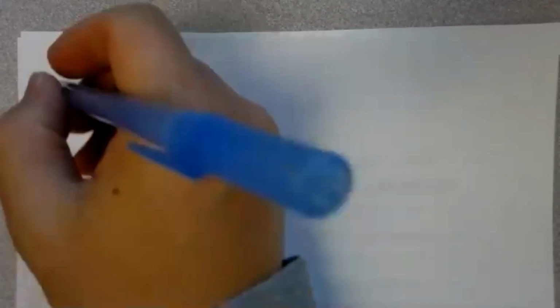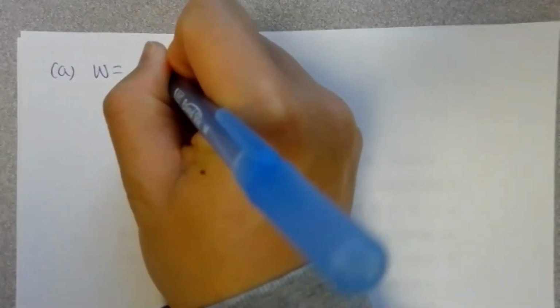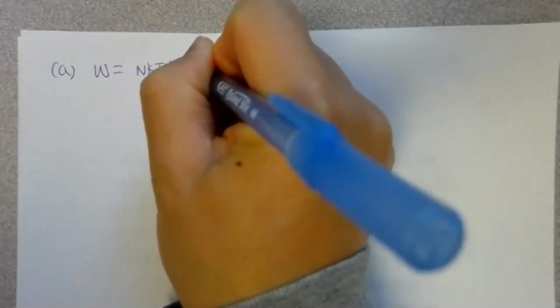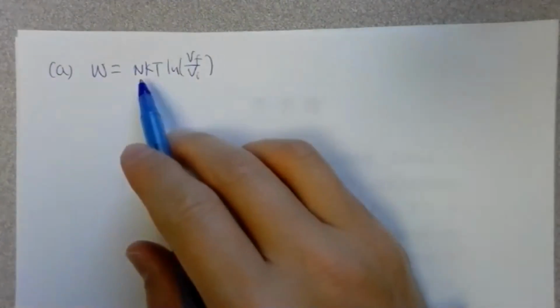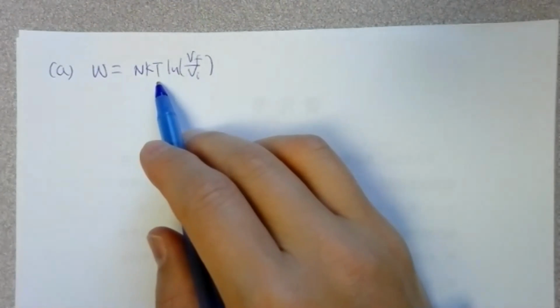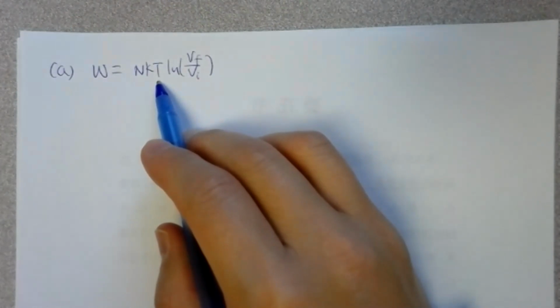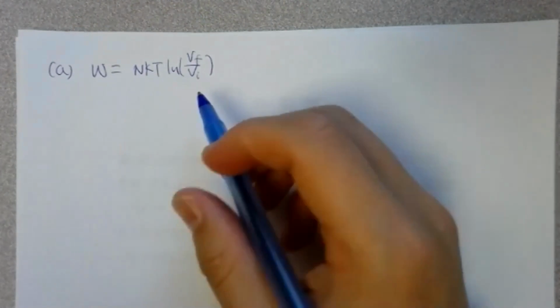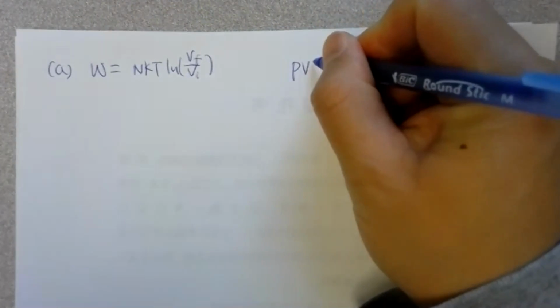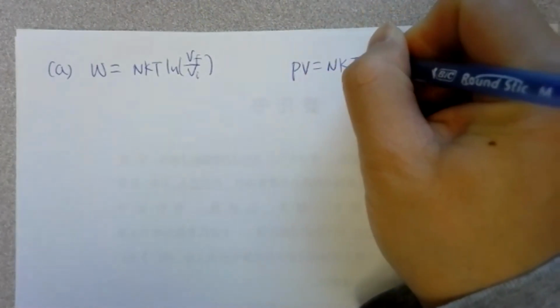All right, so as I mentioned, for A, I want to consider W equal to NkT ln of V final over V initial, okay? We don't know N, we do know k, we do know T, I think, but we do not know N here, right? So what do we do here? As I say, you can use PV equal to NkT, right?